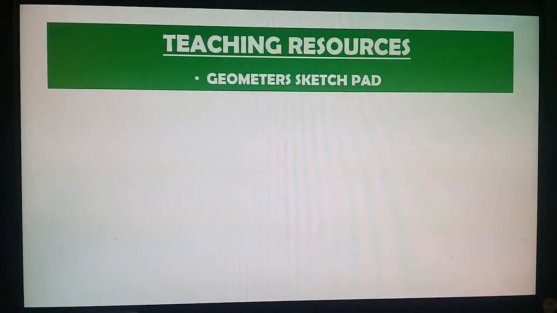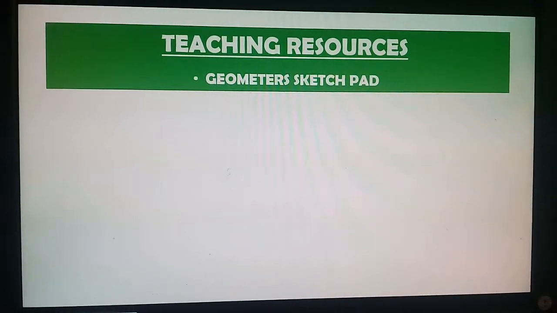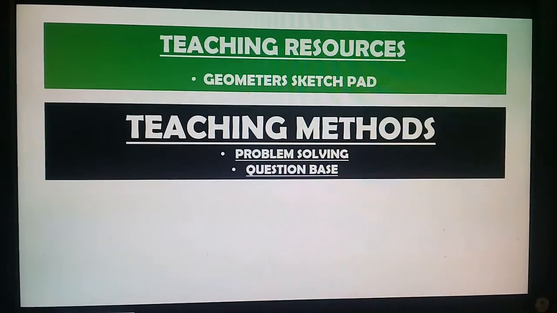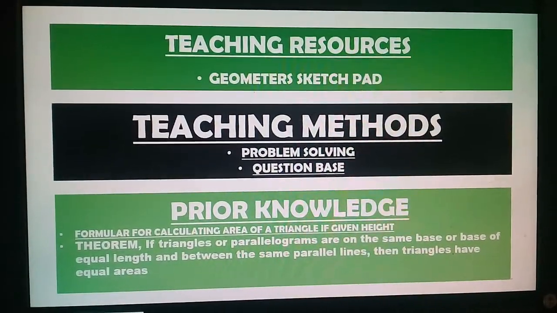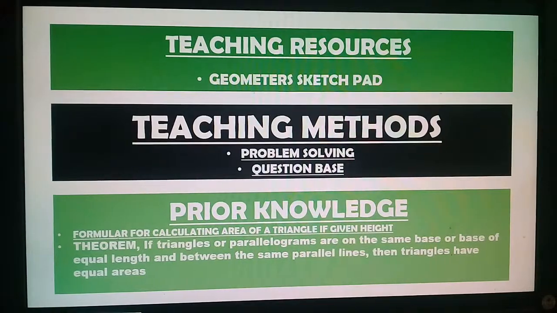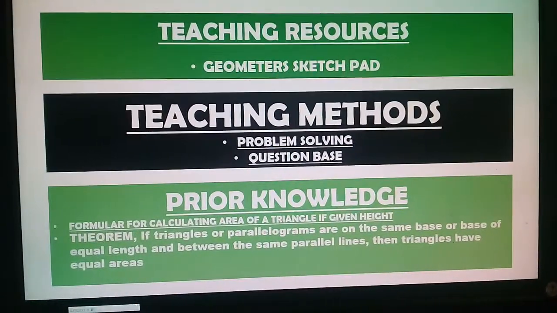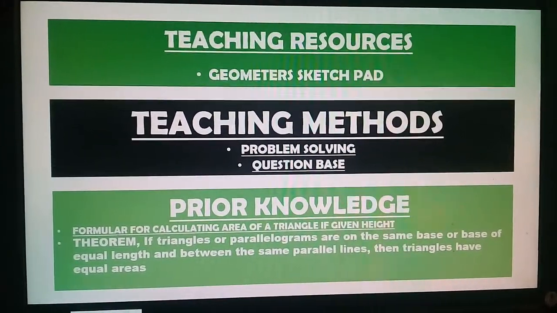Okay, teaching resources. What am I going to use to teach? I'm going to use Sketchpad to teach this theorem. Then teaching method: I'm going to use problem solving and question based. Then prior knowledge of these learners, what I'm assuming the learners already know.